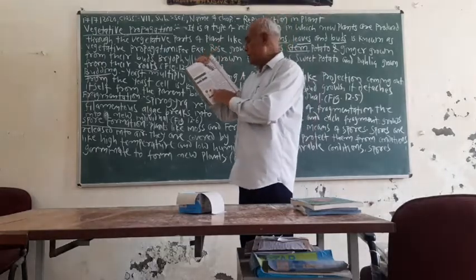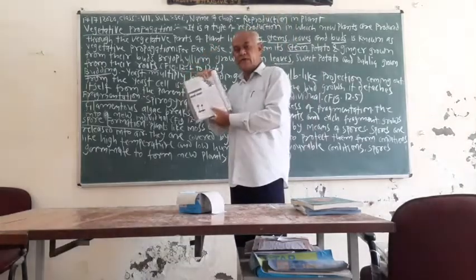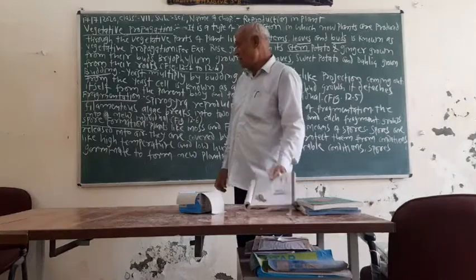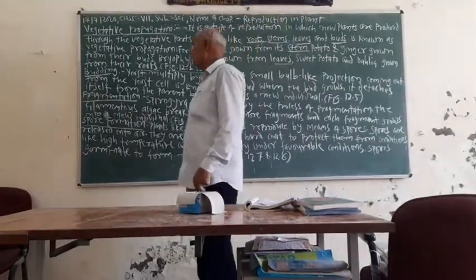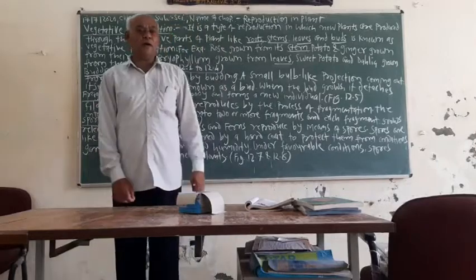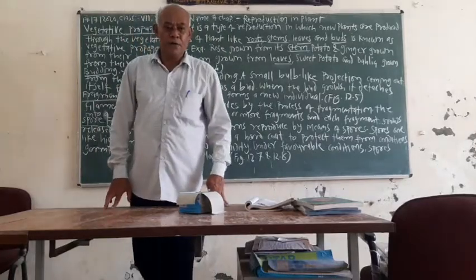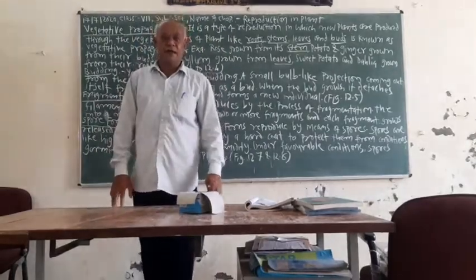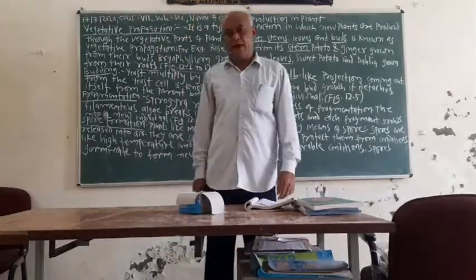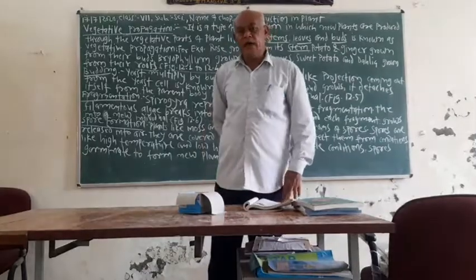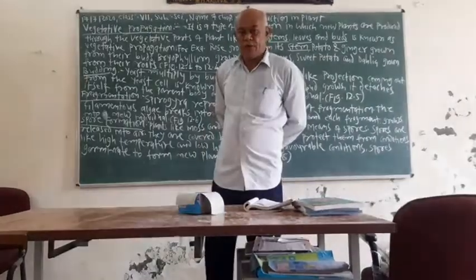This is the method of asexual reproduction called spore formation. So we learned four methods of asexual reproduction in plants, that is vegetative propagation, budding, fragmentation, and the last one is spore formation.